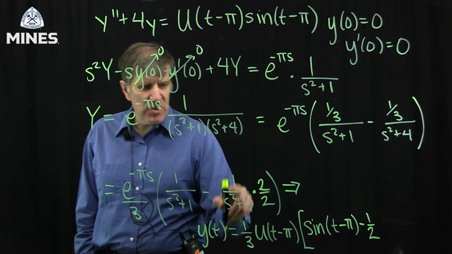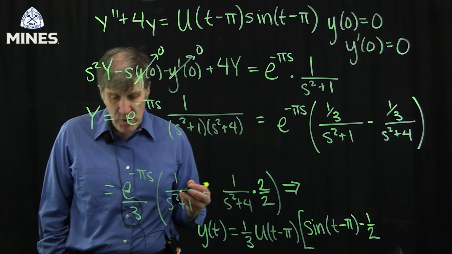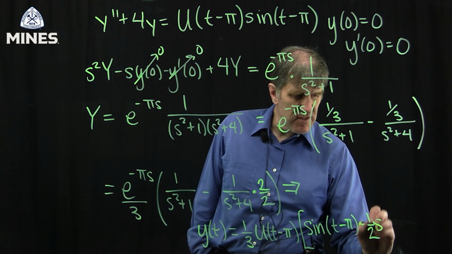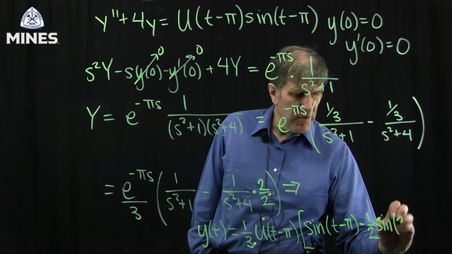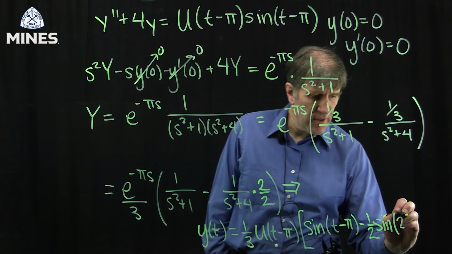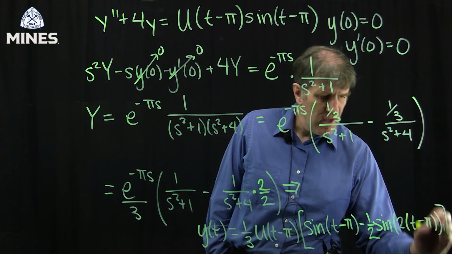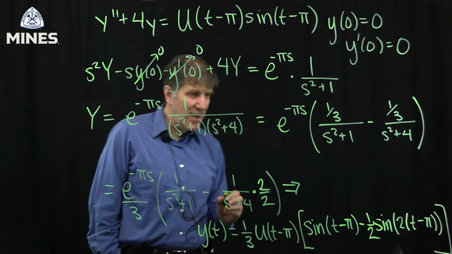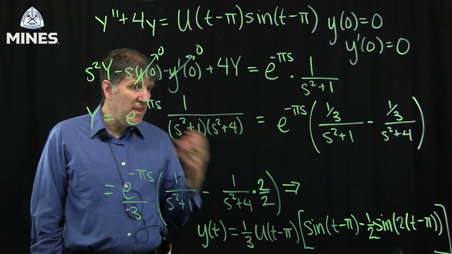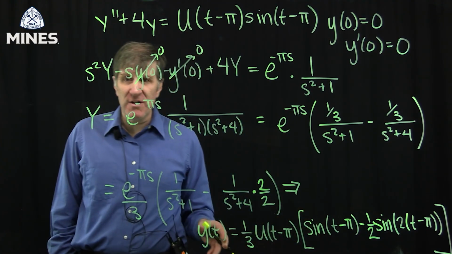And then when we have the 2 over s squared plus 4, the inverse of that is sine of 2t. So I write sine of 2t. But again, I'm replacing t with t minus pi. So it's sine of 2t minus pi. And that is our inverse Laplace transform. And that is our solution of our differential equation.